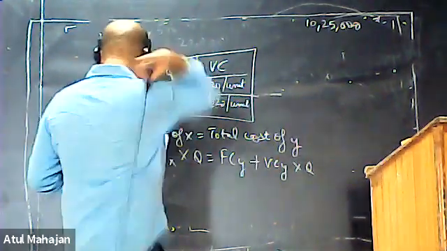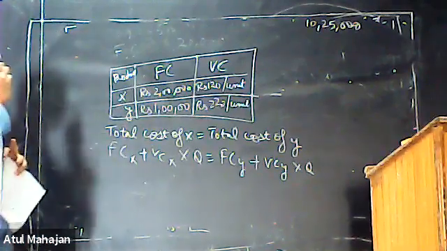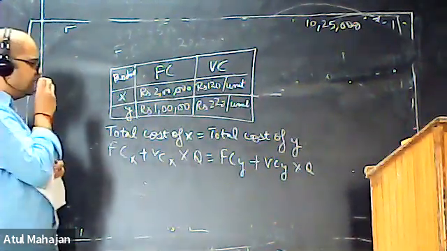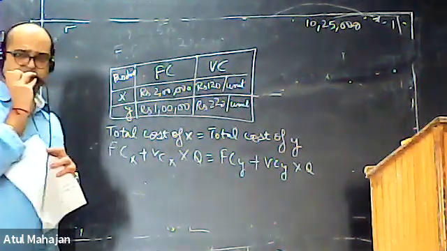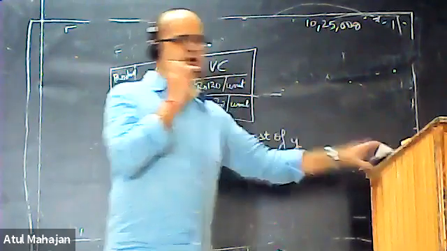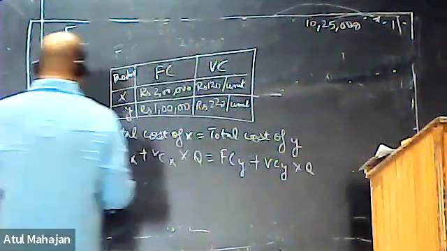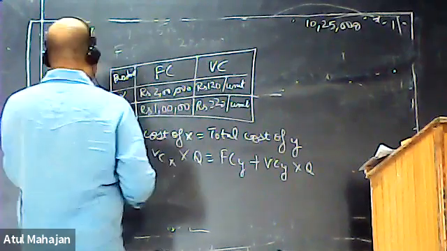Now we are known with the fixed cost and the variable cost of both X and Y products. So can you fill the values of X and Y fixed and variable cost over here?